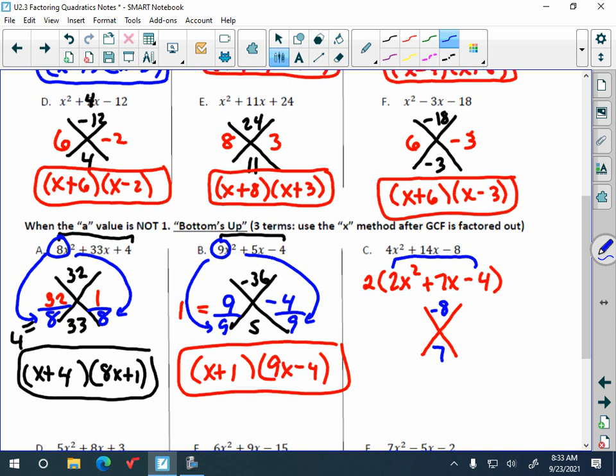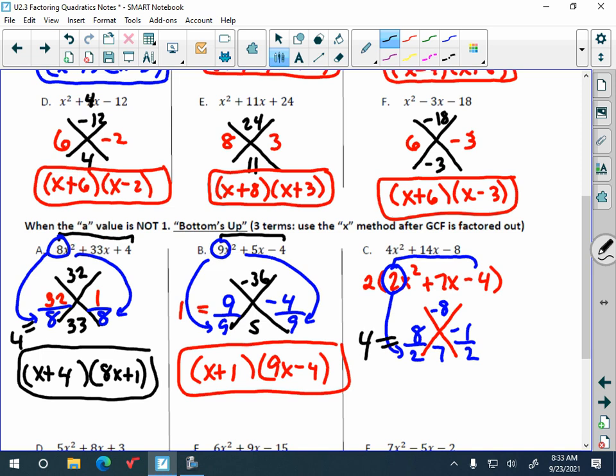Two numbers that multiply to negative 8 but add to 7. Positive 8, negative 1. Okay. All right, and because I'm leading off with a 2, I have to divide by 2. That's that 2 right there. 8 over 2 will simplify to 4.